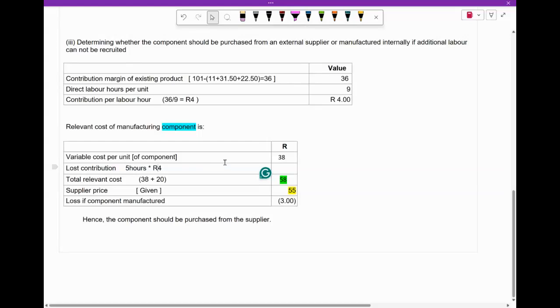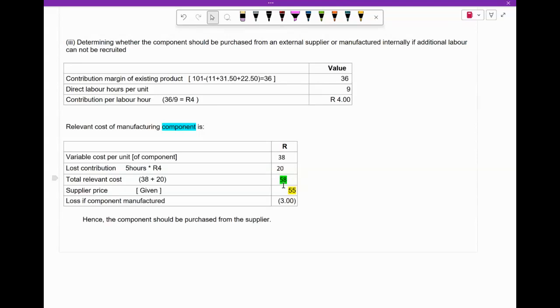Can you see that? So then that is obviously going to give us 20 Rand. So now the total relevant cost is going to be 58, as a result of labor increasing, or us being unable to in-source the labor and having to go externally.